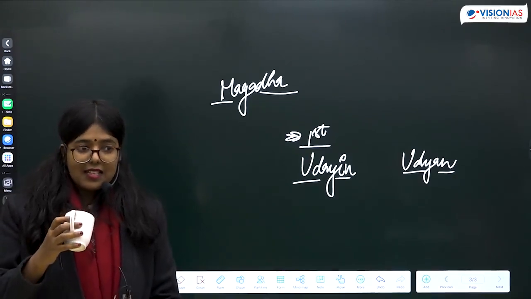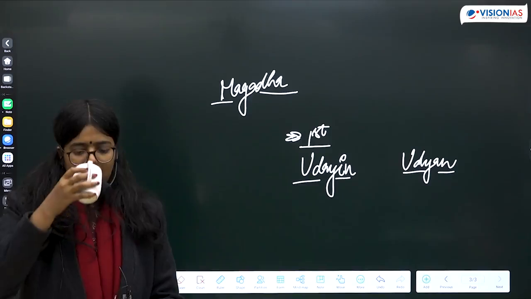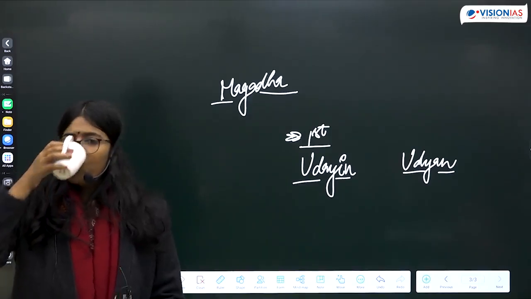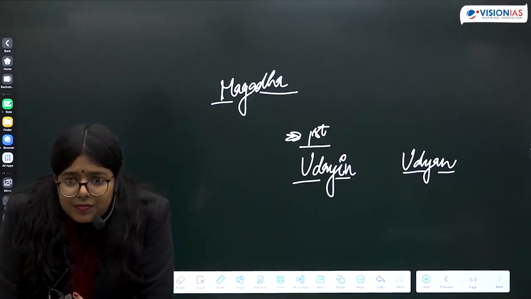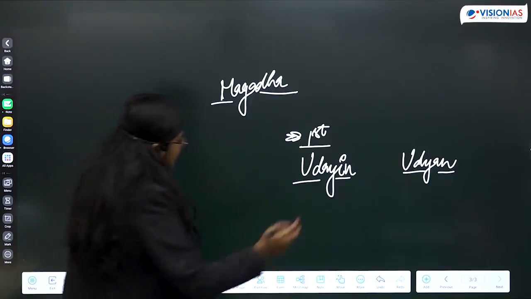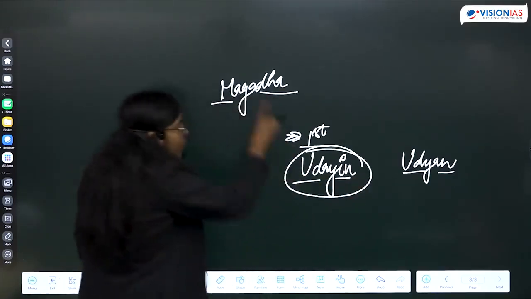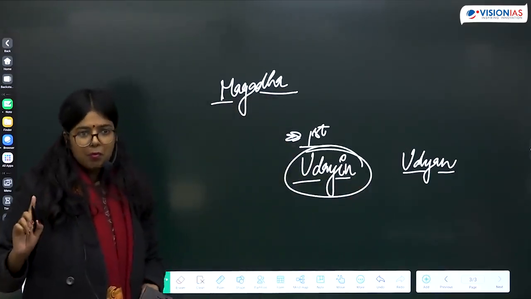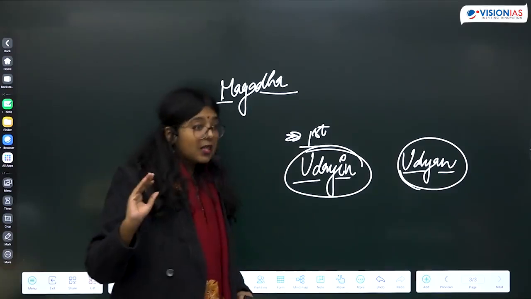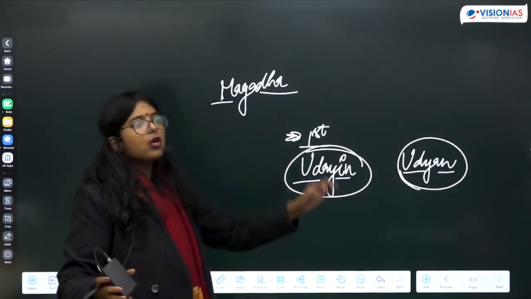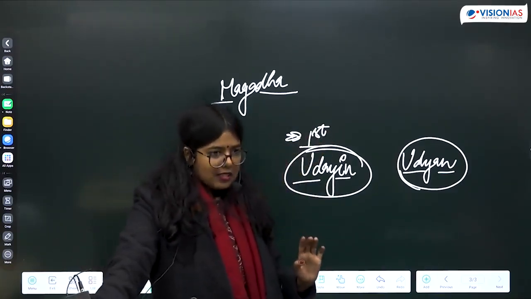Swapna Vasavdatta is a text that UPSC has already asked. See, Udayin is the one who is belonging to Magad. There was another Mahajanpad Vats. Udayan was the ruler of Vats.